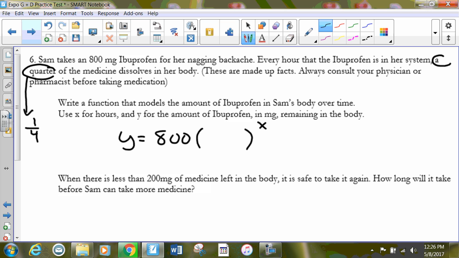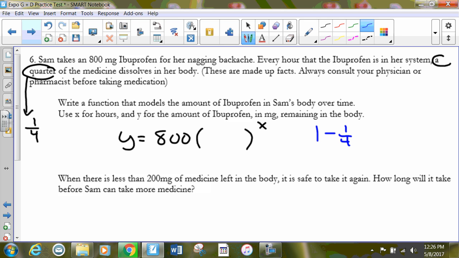If they give us a percent or a fraction or a decimal, that's our rate. That's not our growth factor, or rather in this case, decay factor. So we have to stop and say, all right, we start with 1, and it's going to decay by 1/4.